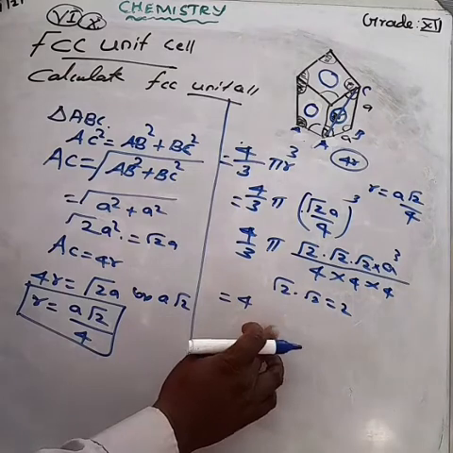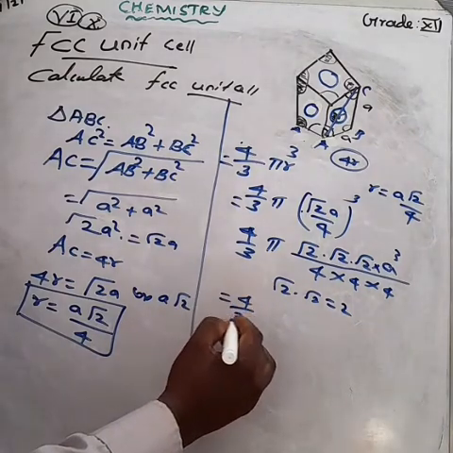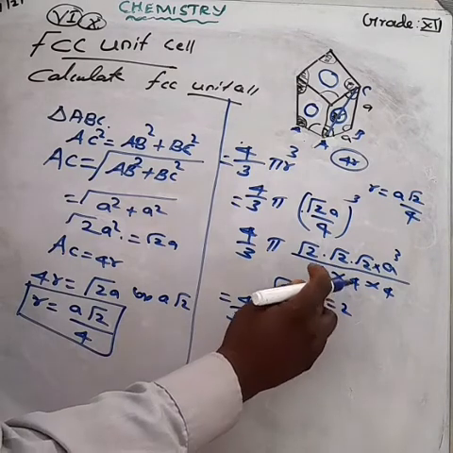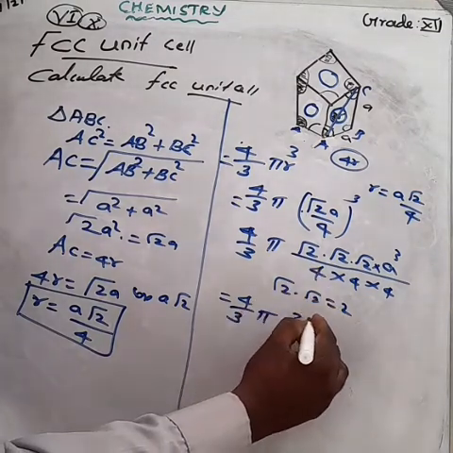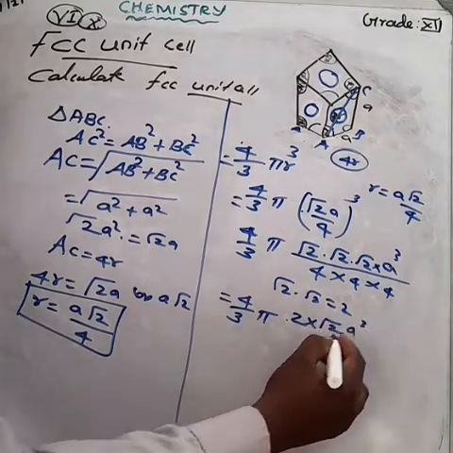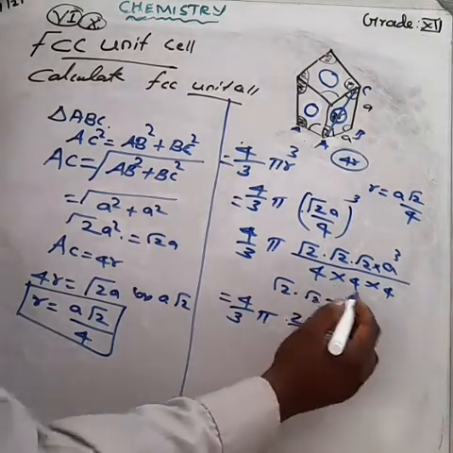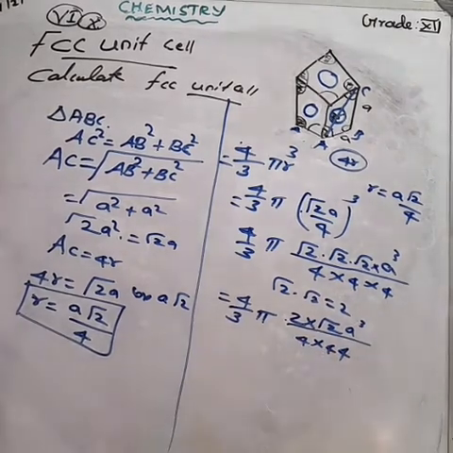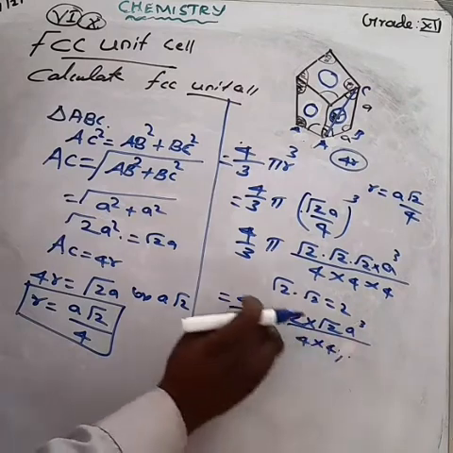So 4 by 3 pi, root 2 into root 2 is equal to 2. So 2 into root 2 a cube divided by 4 into 4. Here this 4 and this 4 I am cancelling.